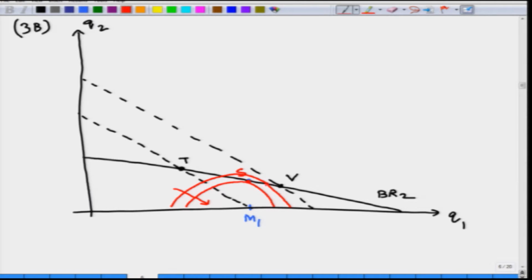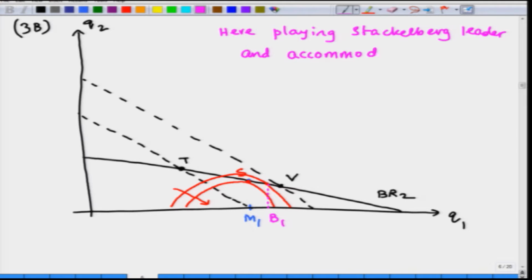In this case, playing Stackelberg leader and accommodating entry is more profitable.